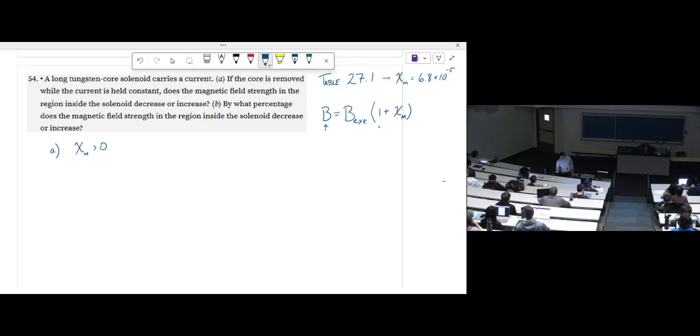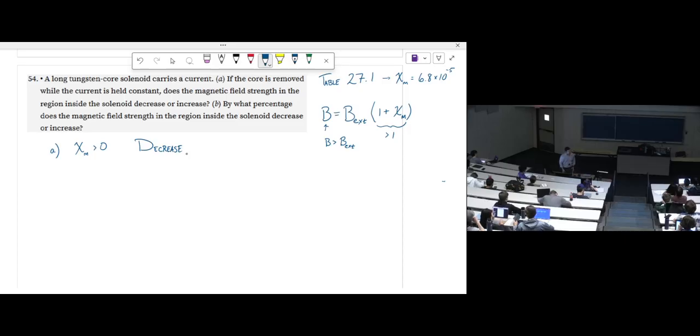This right here is a value greater than 1, so B times something greater than 1, B is going to be greater than B external. And when I remove the core, it goes back down. So in this case, yeah, we get that there's going to be a decrease in the magnetic field strength.